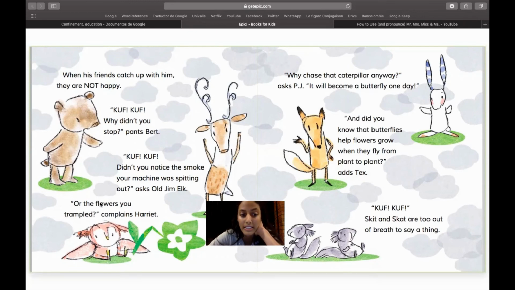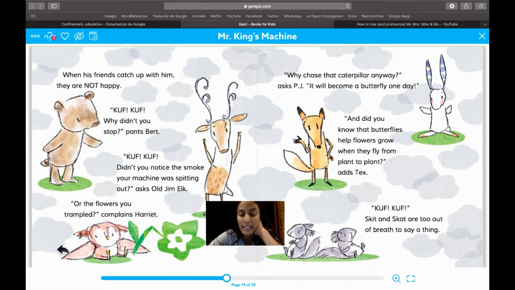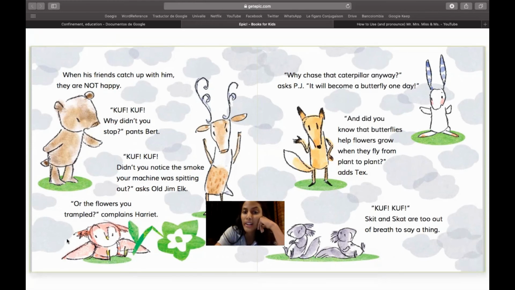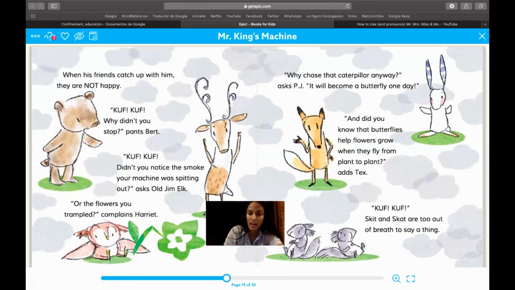Complains Harriet, quejarse. Why chase that caterpillar anyway? Asks PG. It will become a butterfly one day. And did you know that butterflies help flowers grow when they fly from plant to plant? Adds Tex. Skid and Scud are too out of breath to say a thing. Out of breath in Spanish, sin aliento, out of breath.